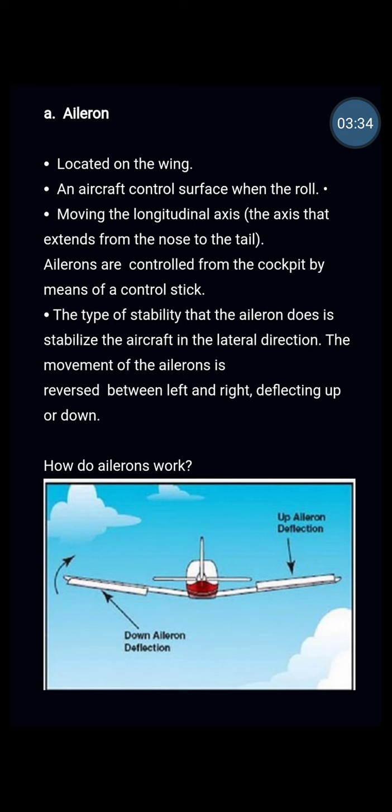The type of stability that the aileron does is to stabilize the aircraft in the lateral direction. The movement of the aileron is reversed between left and right, deflecting up or down. How do aileron work?